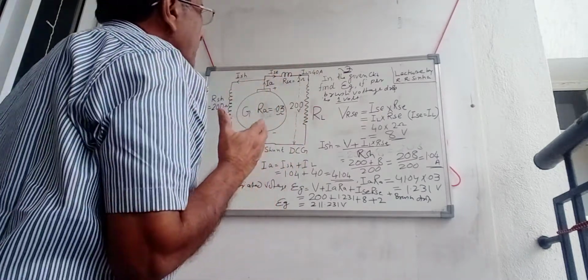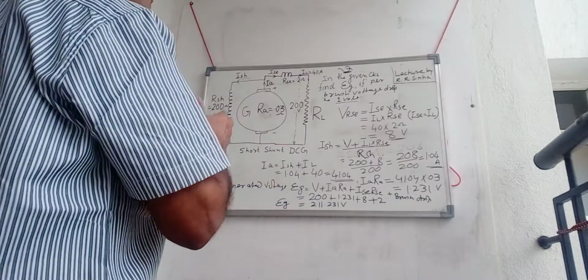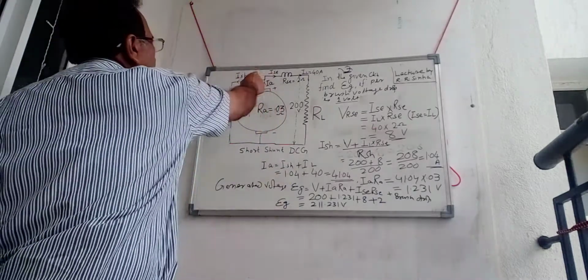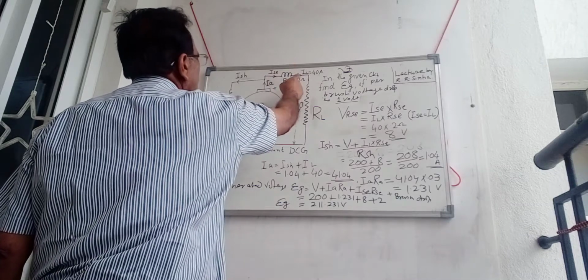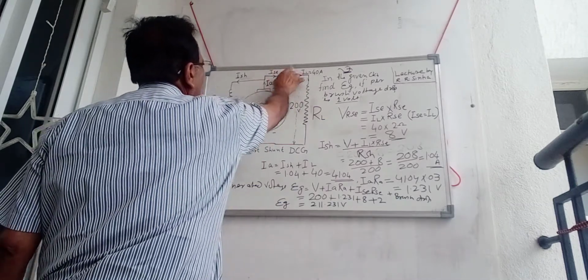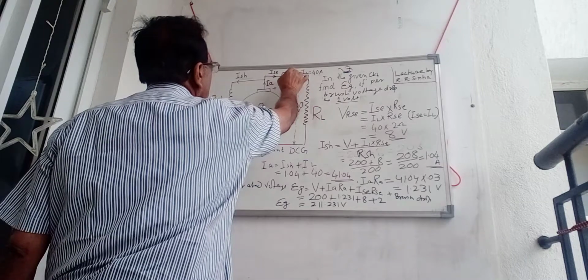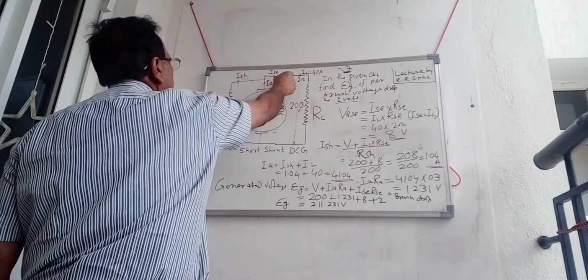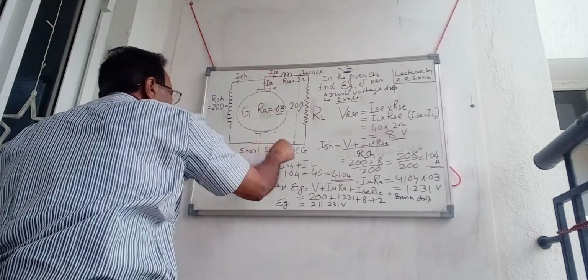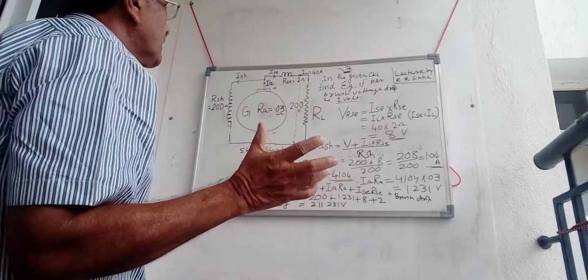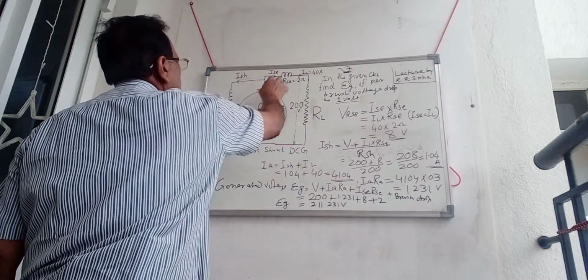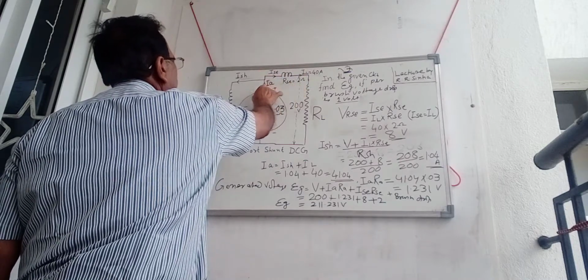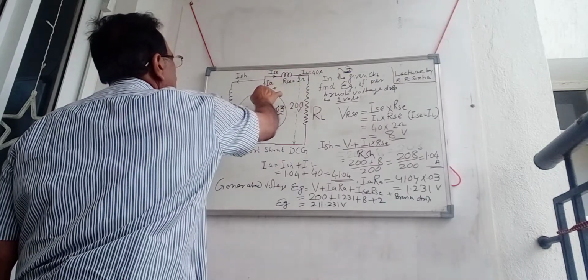What is the difference between the two? The difference between long shunt and short shunt: the junction point is after the series resistance in long shunt, and the junction point is before the series resistance in short shunt. This is the difference. In the long shunt, IA and ISE are equal.